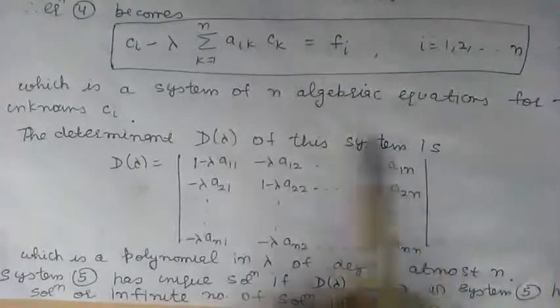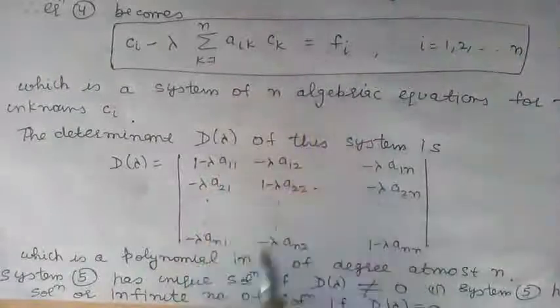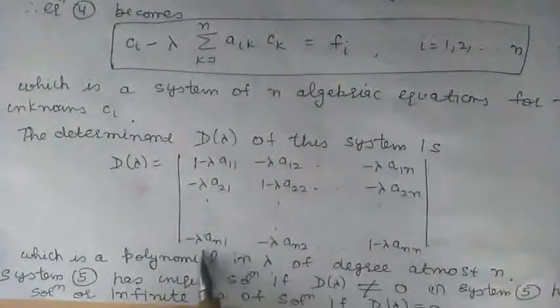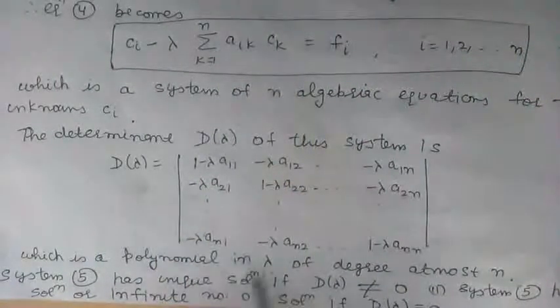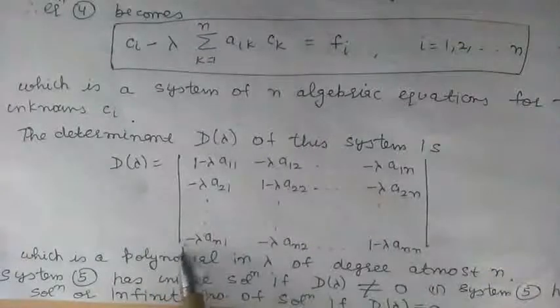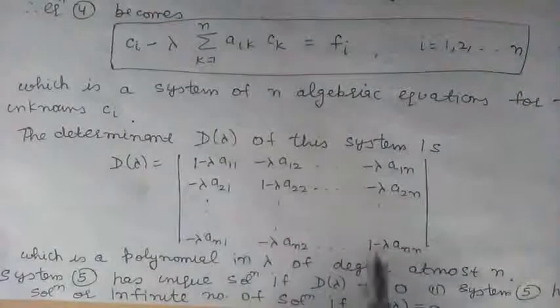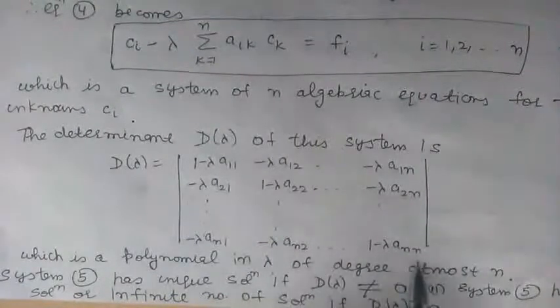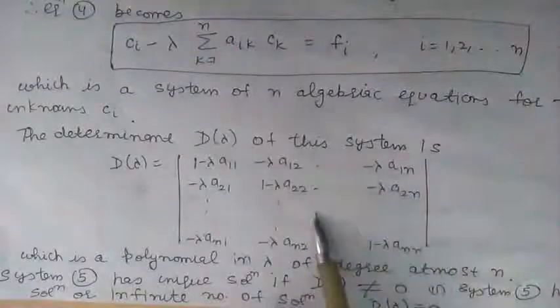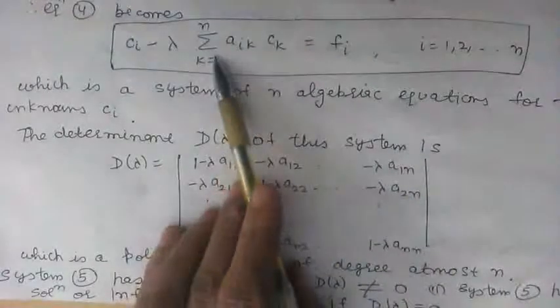If we take i = n in this equation, we get the coefficients of c1, c2, c3 up to cn, which are minus lambda an1, minus lambda an2, and the coefficient of cn is 1 minus lambda ann. So this is the determinant of this algebraic system.